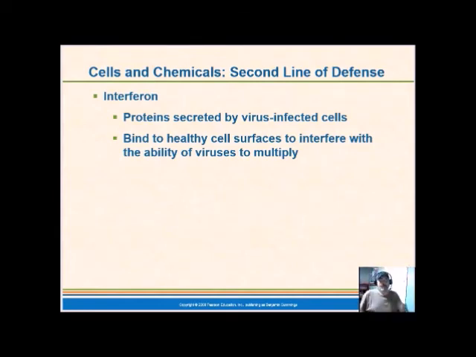So it binds to healthy surfaces to interfere with the ability of the virus to enter and multiply. It's kind of like you've got an infected cell and it screams out to shut the windows and lock the doors because there's a killer on the loose. And so all of the other cells go into a self-protective mode.